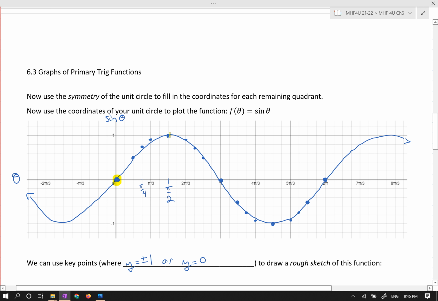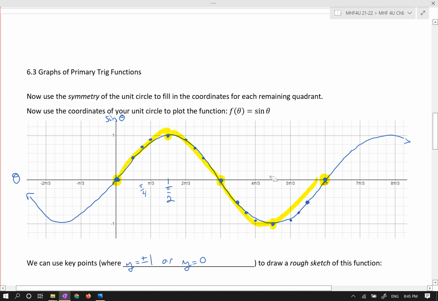So here, y is equal to 0, y is equal to plus 1, y is equal to 0, y is equal to negative 1, and then y is equal to 0. We expect this pattern to continue ad nauseum. It will keep on continuing as long as we care to look at our sine function. It will go up, down, down, up, down, down, up, forever and ever in either direction.